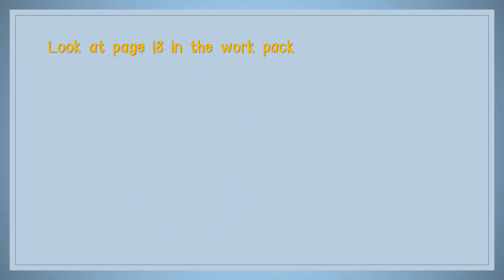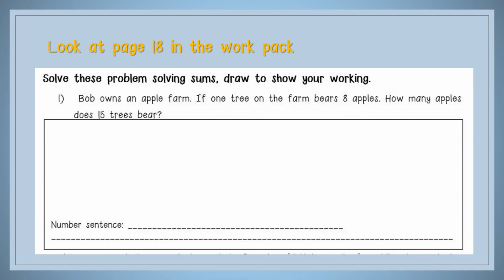Now learners, let's look at page 18 in the workpack. It says solve these problem solving sums, draw to show your working. So we are going to do number 1 together, and number 1 says Bob owns an apple farm. If one tree on the farm bears 8 apples, how many apples do 15 trees bear? Remember, we need to ask ourselves, what is this question asking us to do?